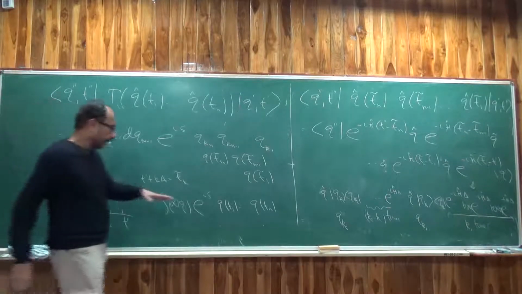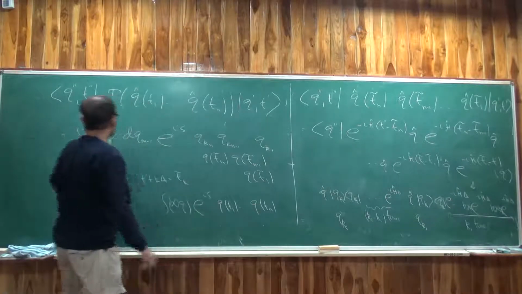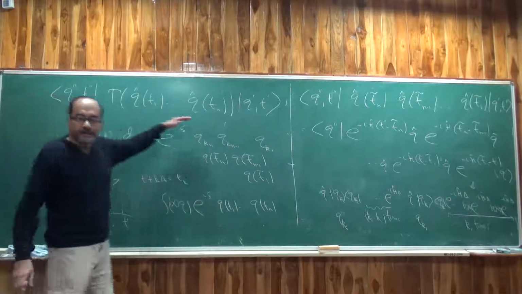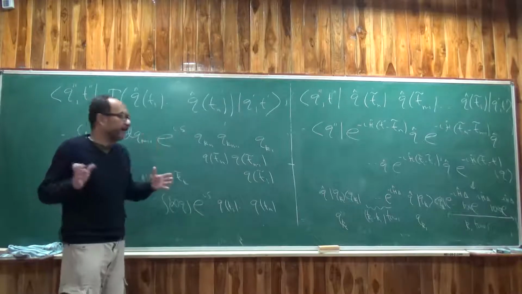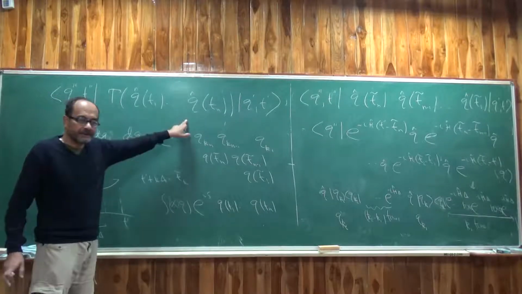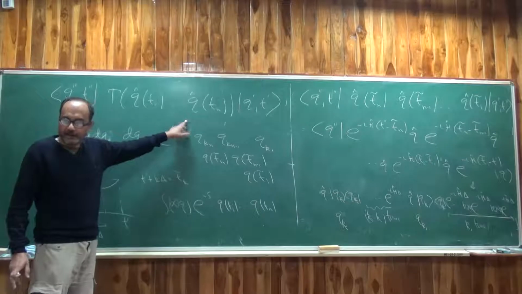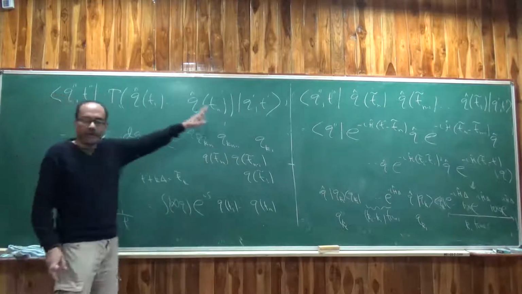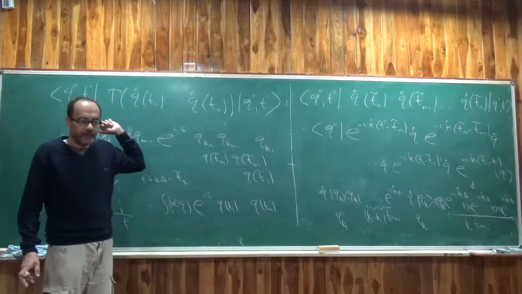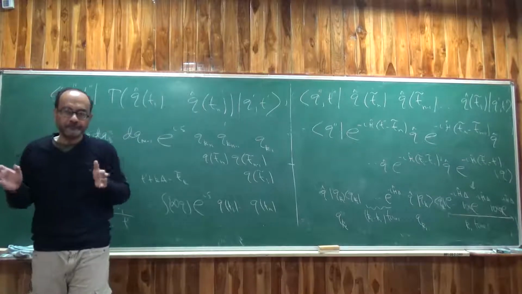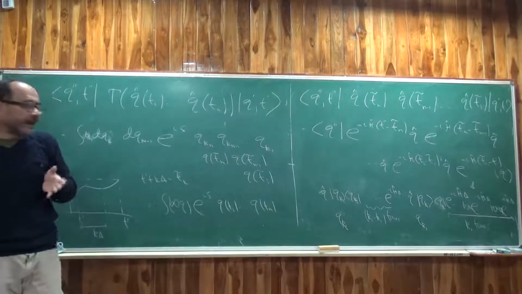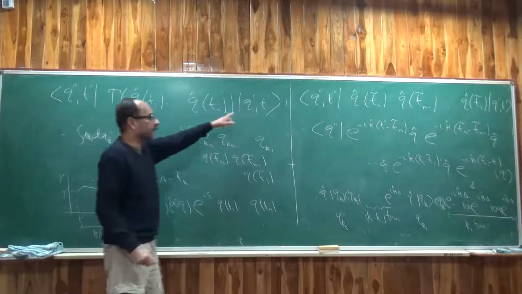Our next task will be to extract from here what we want, namely the vacuum expectation value of these. That's what we really want. We don't want to calculate between q prime t prime and q double prime t double prime. We want to calculate the vacuum expectation value. In general, the vacuum is not known in terms of q.